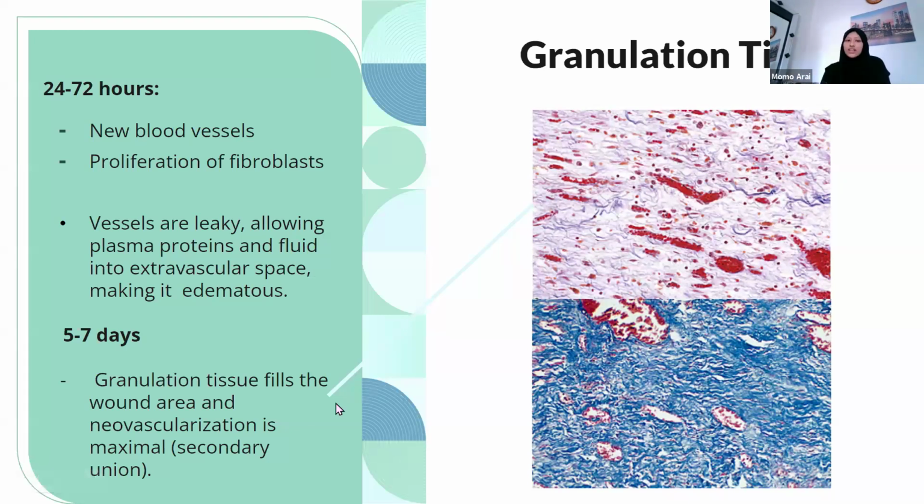In the timeline, granulation tissue is in the middle. Then over time, it might turn to look like this with thick collagen. The blood vessels are not as leaky anymore, so they're made better now with the cells. I hope that's clear. This is all about granulation tissue, and the important thing is you know the timeline and you know what granulation tissue consists of.